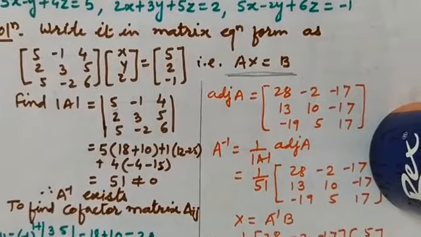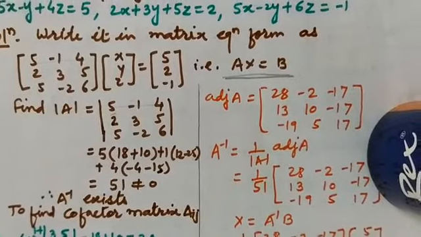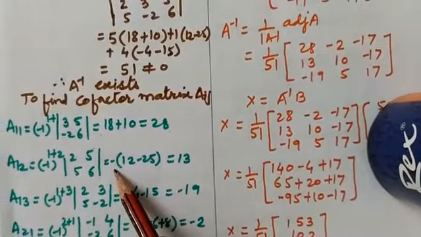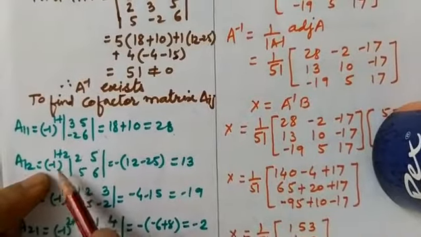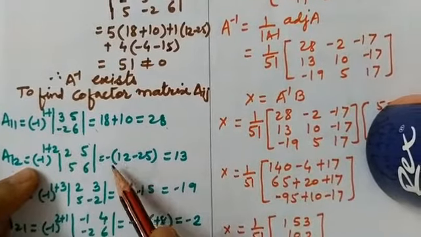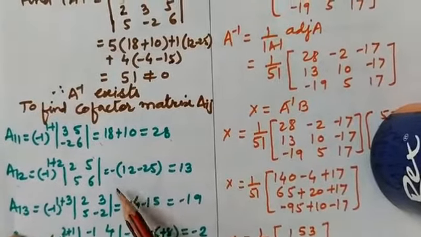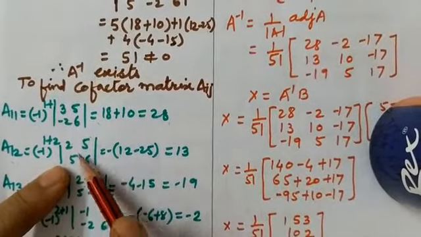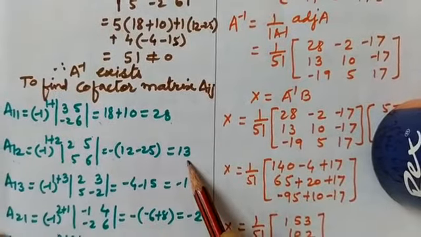These are the elements we have taken. Again, minus of 1 raised to i plus j, and these elements by striking off you will get this. So simplify this determinant, you will get 2, 6, 12, minus 5, 5, 25. After simplification you will get this.